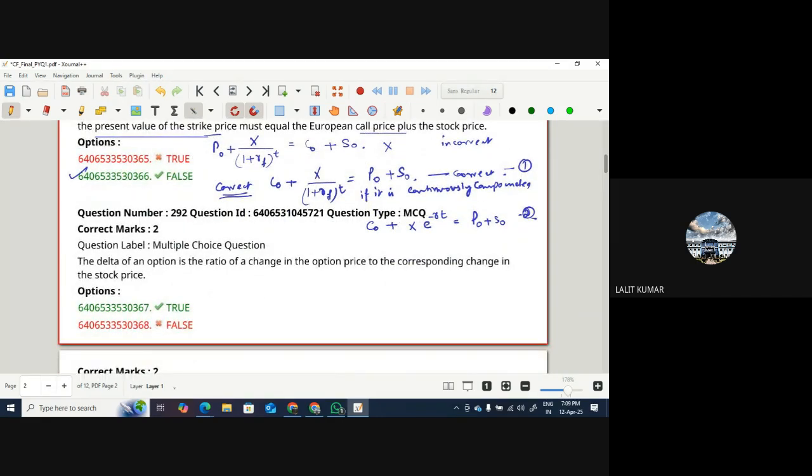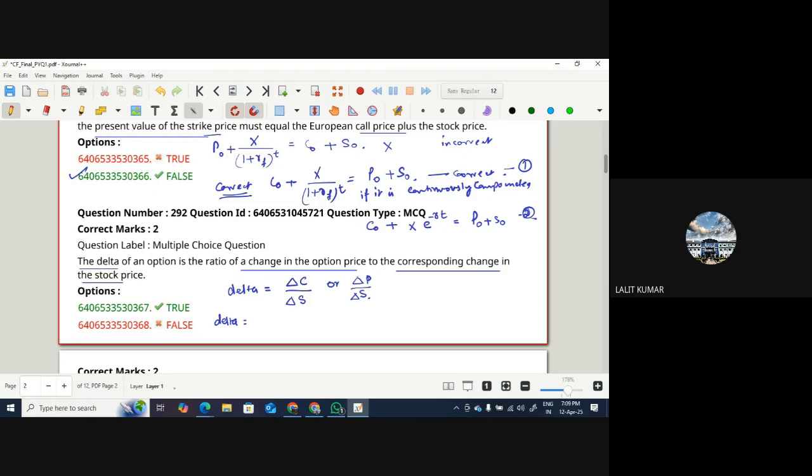The delta of an option is the ratio of change in the option price to the corresponding change in the stock price. This delta concept has not been covered in any of the corporate finance lectures till now, so it's an unexpected question. However, remember, delta is equal to change in C over change in S, or change in P over change in S. And if you remember, the formula for the hedge ratio was similar to this.